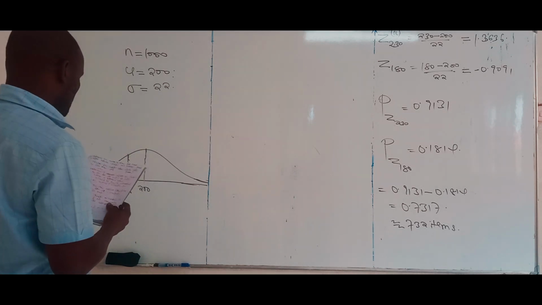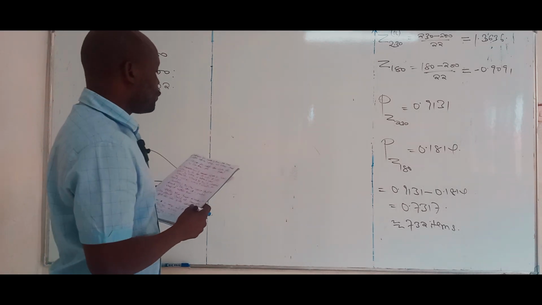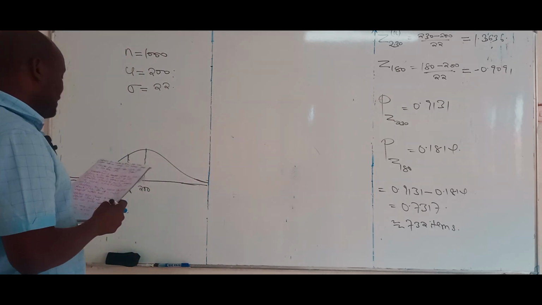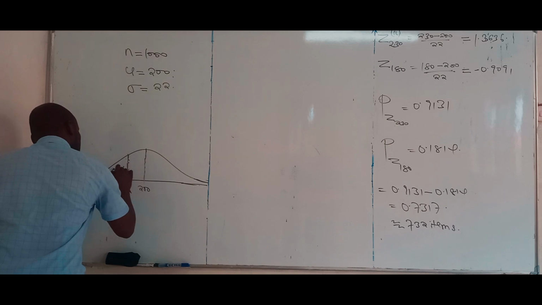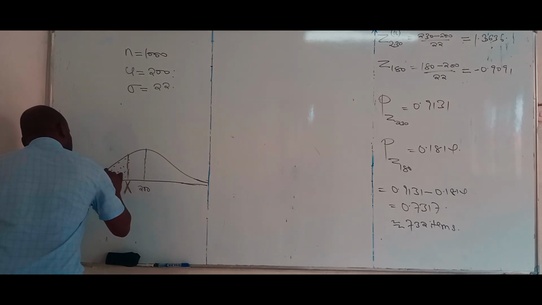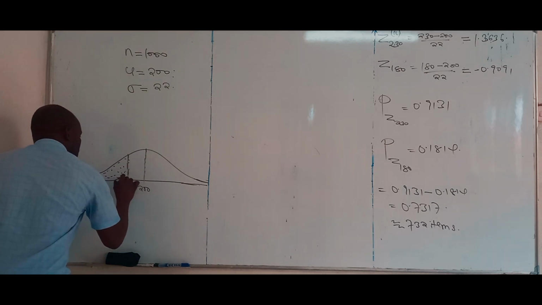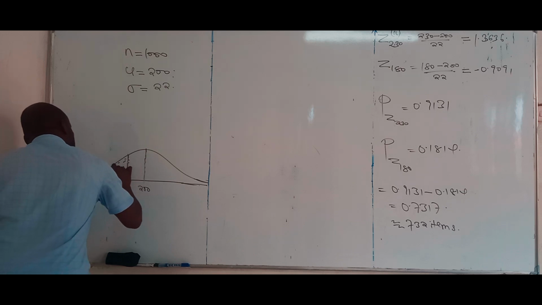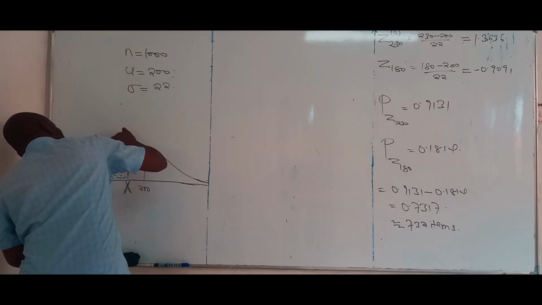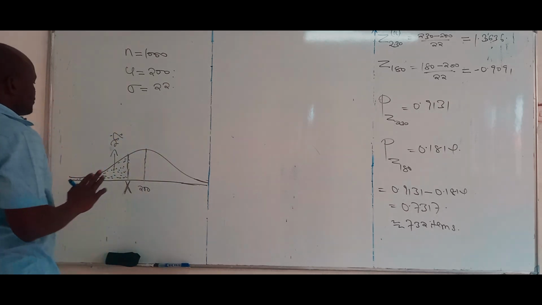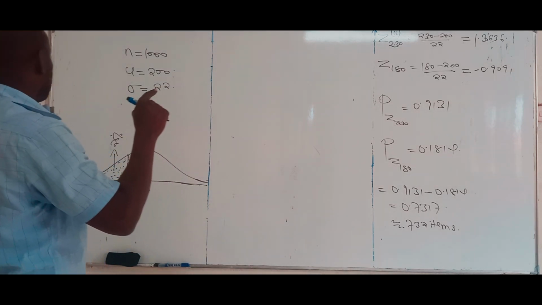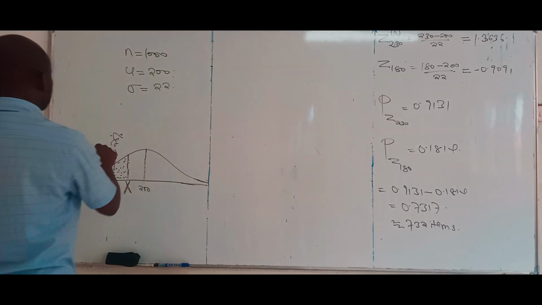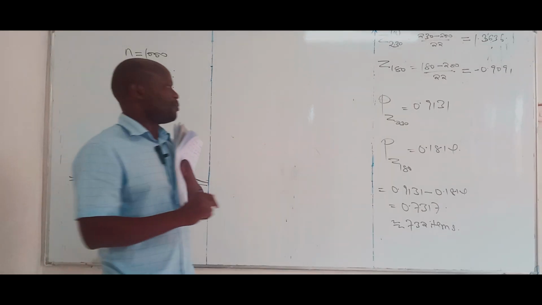But I'm asked to calculate the weight below which 20% of the items fail. So I'm told that this should be 20%. If this is 20%, I would then read the Z-score that corresponds to this probability from my table.